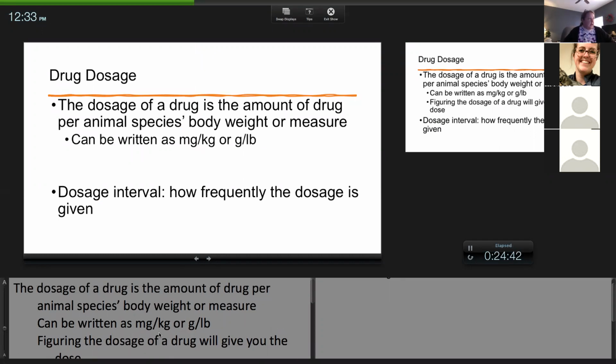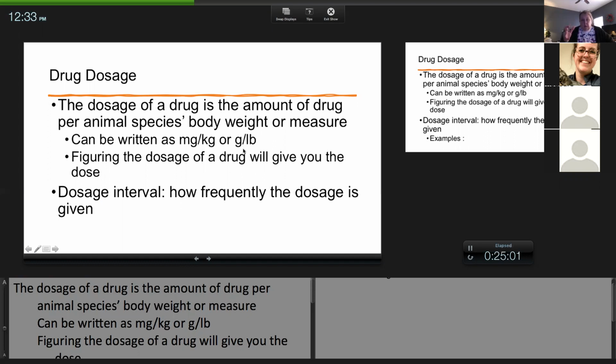Now, if we're talking about a drug dosage, a dose is what you decide you're going to give. The dosage is how much drug you're going to give per body weight. Typically that's mg per kg, or sometimes grams per pound or mg per pound. But when you do the dosage, that's what gives you the dose.